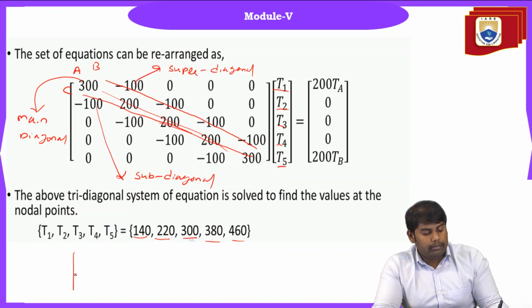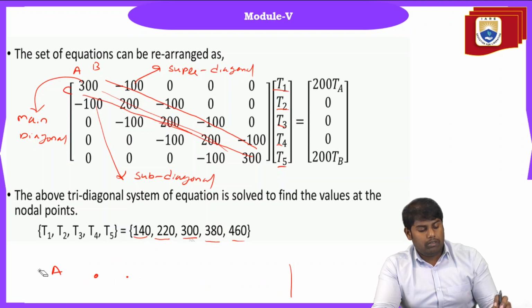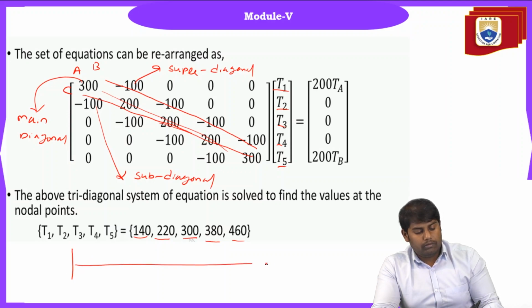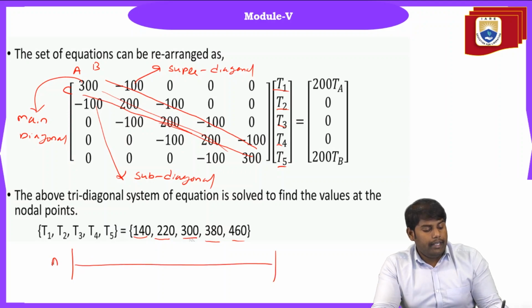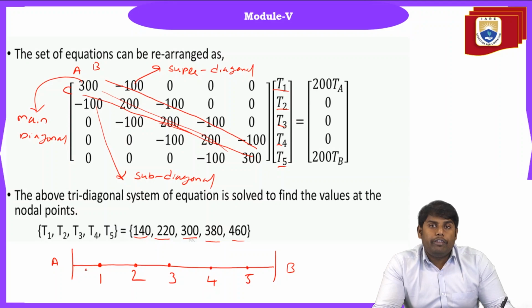let's draw here. So this is A, this is B. 1, 2, 3, 4, 5.